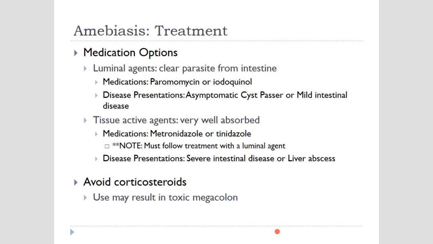The other important thing is that if you want to give some drugs, we call them luminal. They are going to take care of the organisms in the intestine. But if you want to treat tissue problems, your drug has to pass into the tissues.